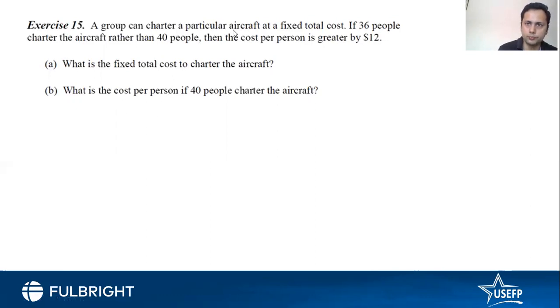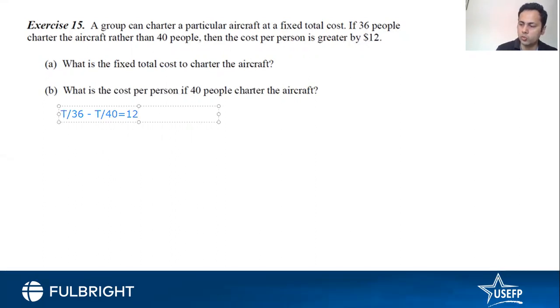So we have to find the fixed total cost. Let's say the fixed total cost is T. If 36 people were going, per person the cost is T divided by 36. If 40 people were going, it was T divided by 40. The difference between the two is given to be $12.